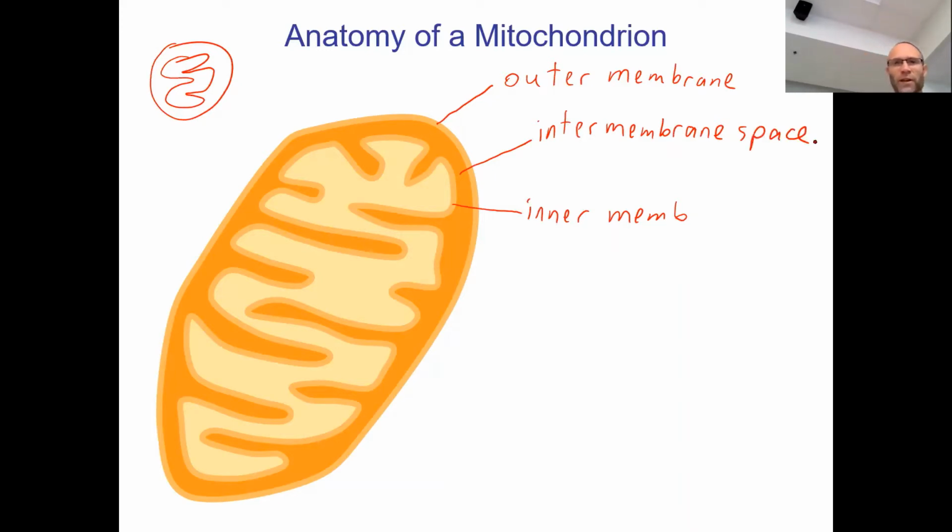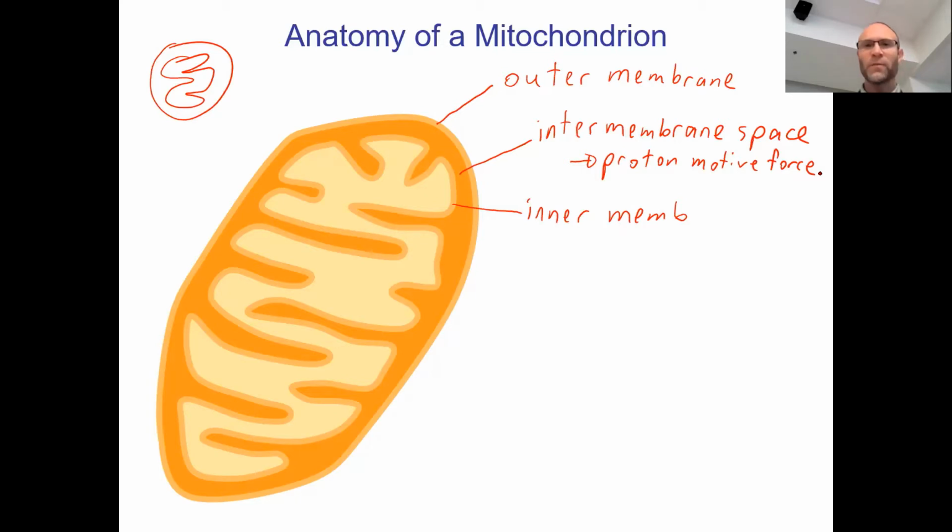Kind of like international, it's in between things, right? So what's going on in the intermembrane space? Here is where we are going to make something called proton motive force, which we're going to get back to shortly. We already talked about it a little bit.